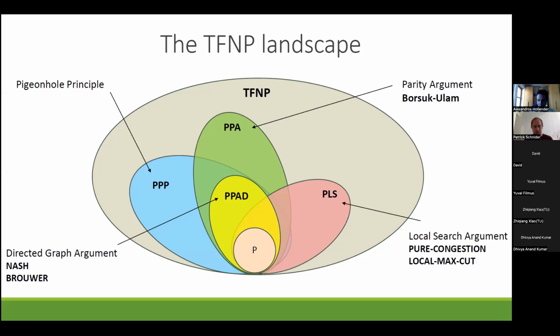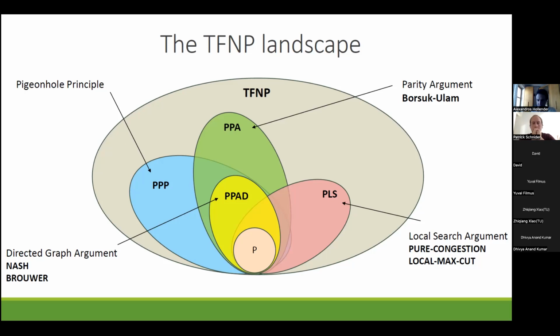In other words, this PPAD class exactly characterizes the problem of computing a Nash equilibrium. And the class also has a topological characterization in terms of the Brouwer problem. So again, you can also think of PPAD as a class containing all problems where the existence of a solution can be shown by using Brouwer's fixed point theorem, another topological tool.